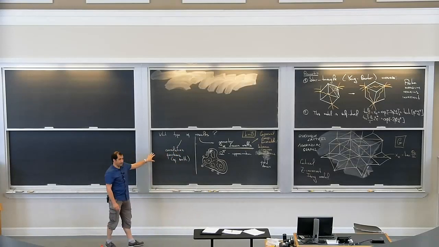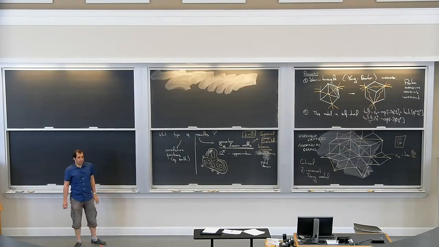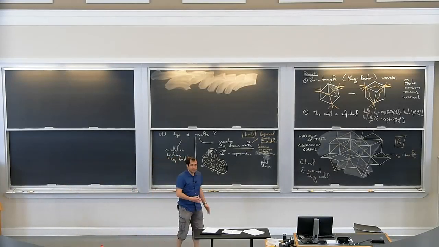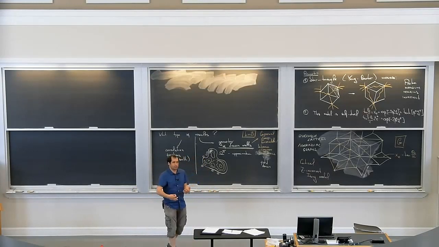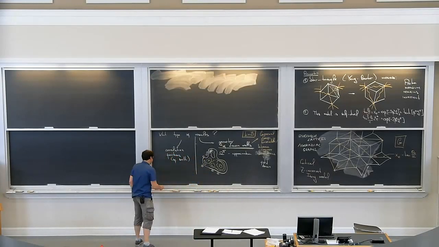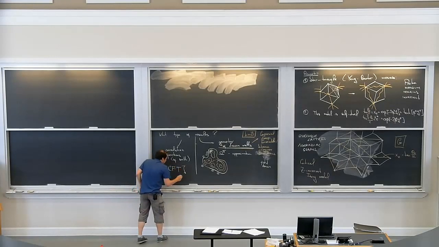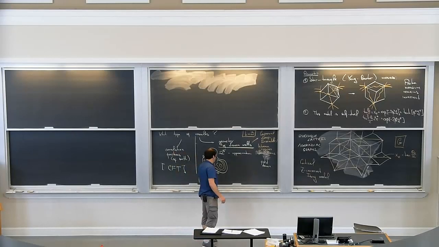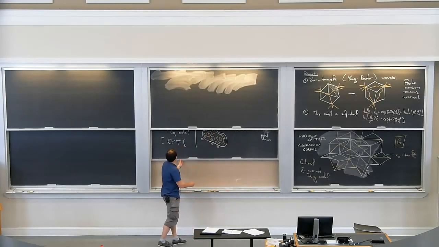And these correlation functions are given by what is known as conformal field theory. So that's a particular example of a conformal field theory, which one can actually construct by hand. And that's what I'm going to comment a bit on. So that's conformal field theory.